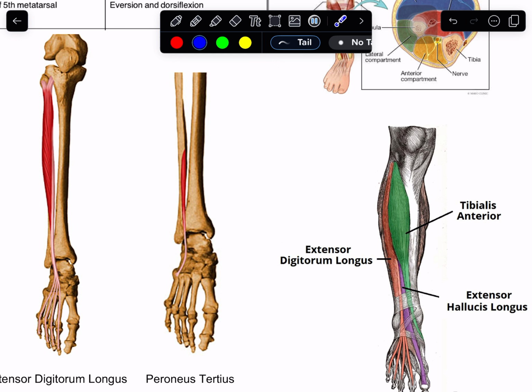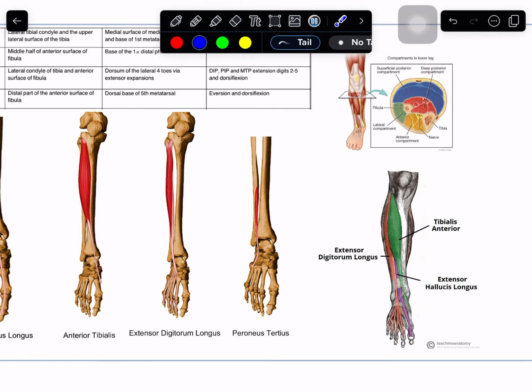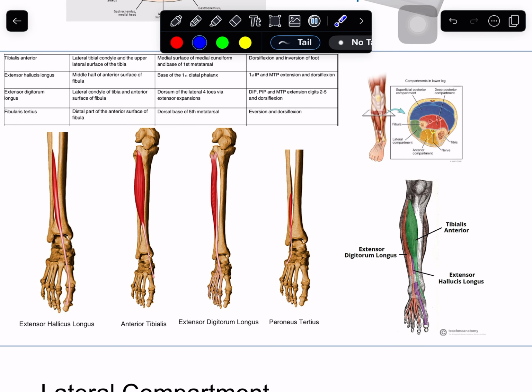So the peroneus tertius is obviously going to do the dorsiflexion, but it's also going to do some eversion, which is bringing those toes out, more lateral, away from the midline. So we're looking at where those tendons are going to cross the ankle again.